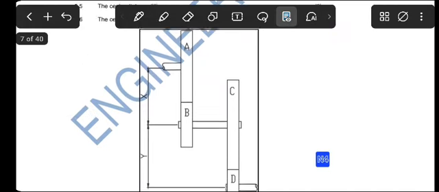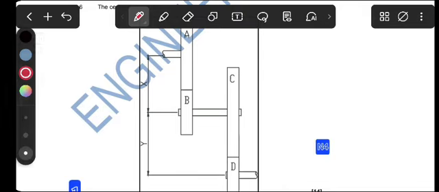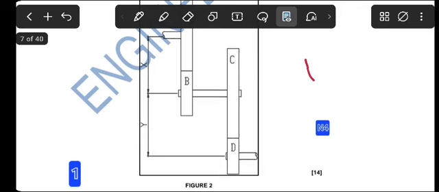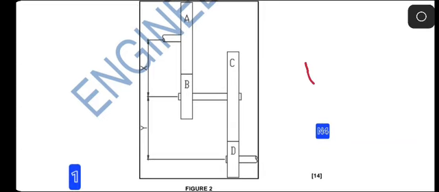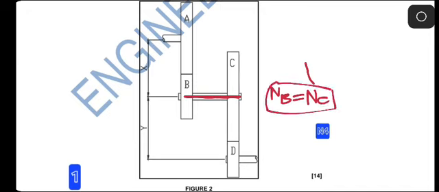I want you to note something here. These gears are connected by the same shaft. The speed of gear B will be the same as the speed of gear C. You must know this because they are mounted on the same shaft.